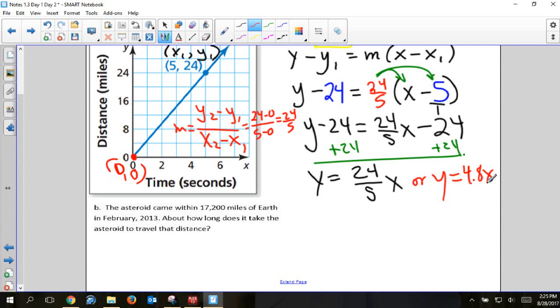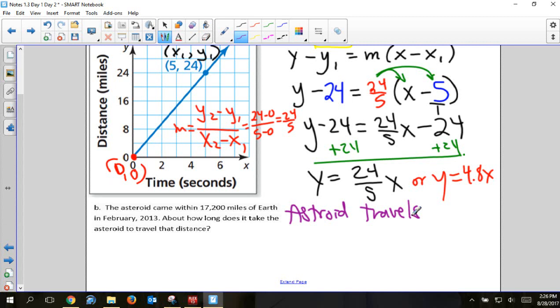What does this thing have to do with? Is it a car? Is it a pony? It's an asteroid. So we are talking about the asteroid, which travels what distance? 4.8 miles every what?